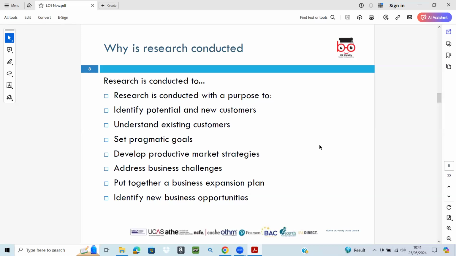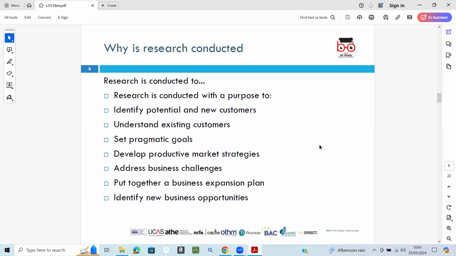Then set pragmatic goals. The purpose of this is to establish realistic and achievable goals based on data and insights. Then develop product market strategies. The purpose is to create effective marketing and sales strategies based on data-driven insight.